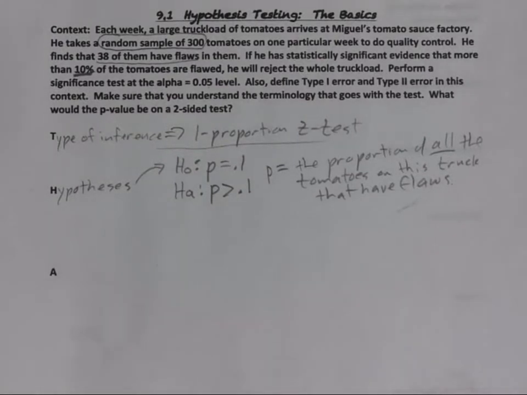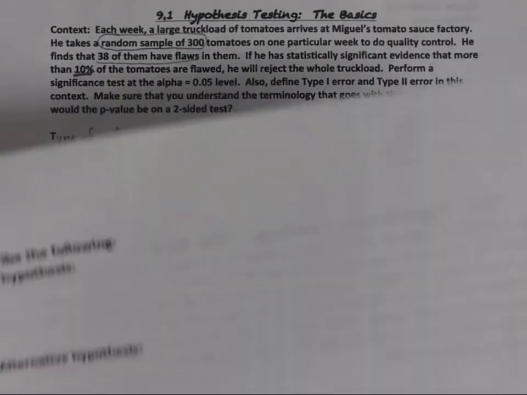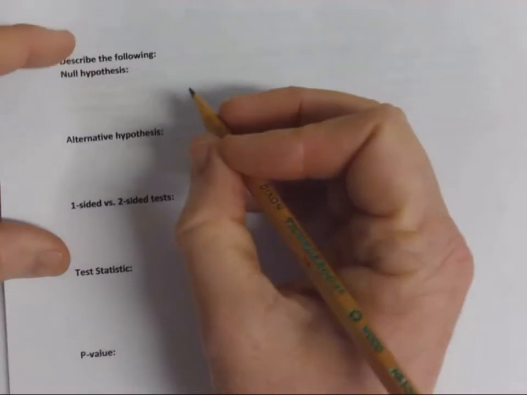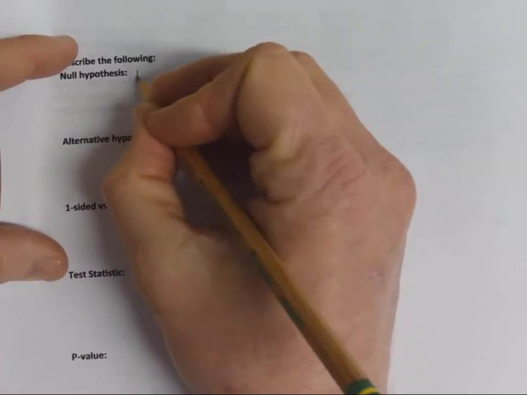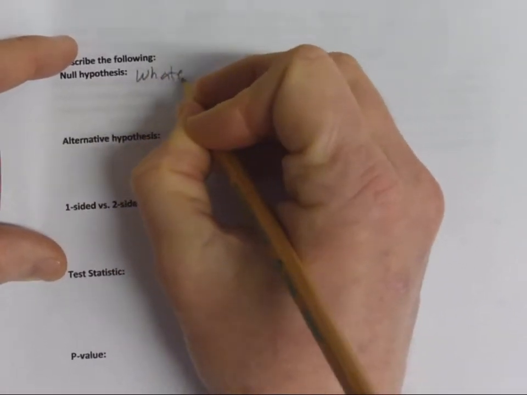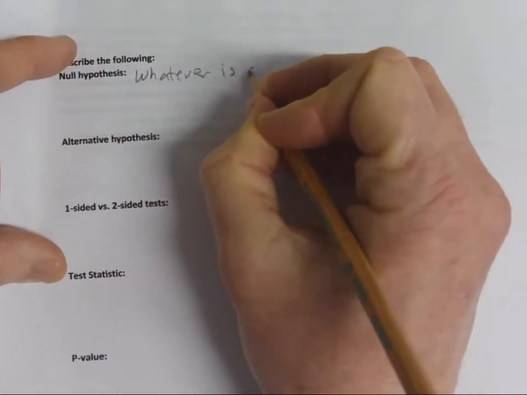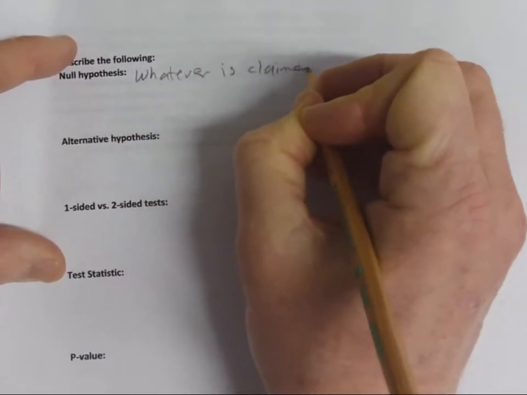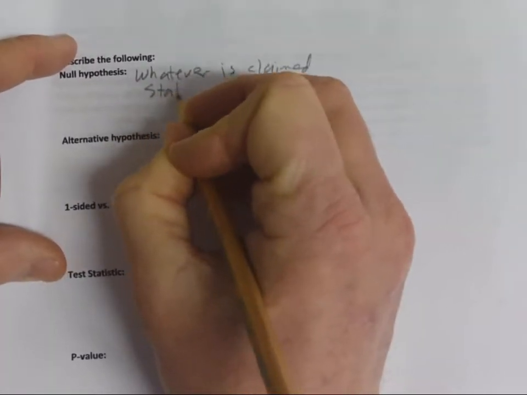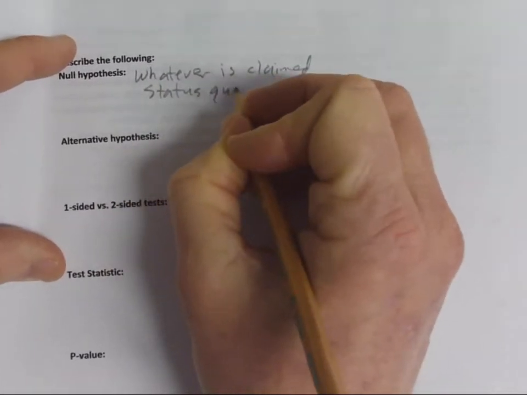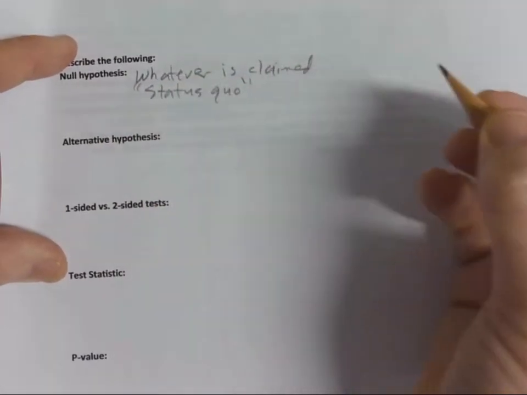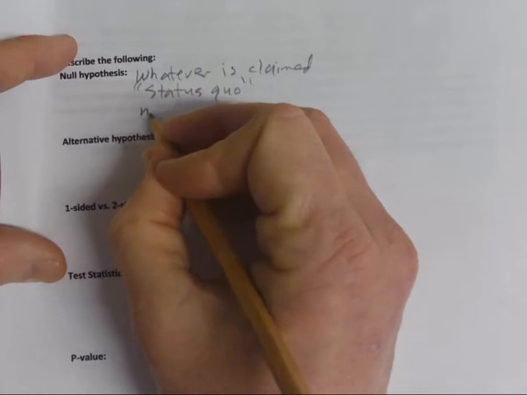So let's go ahead and write that definition down for our terminology. Our null hypothesis is just whatever is claimed in the problem, whatever is claimed or status quo, whatever has previously been true, in other words, no difference.